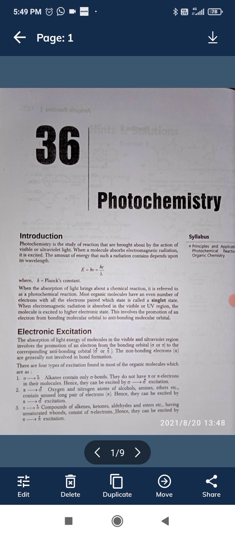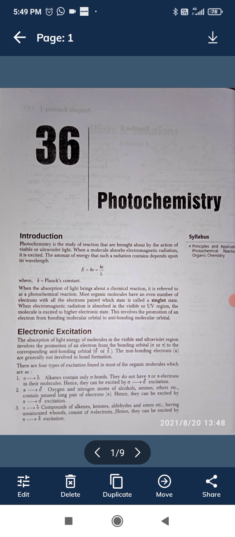The non-bonding electrons are generally not involved in bond formation. Whenever a chemical reaction occurs by absorption of light, electrons get excited from the ground state to the excited state, from bonding orbitals such as sigma or pi to sigma star or pi star.